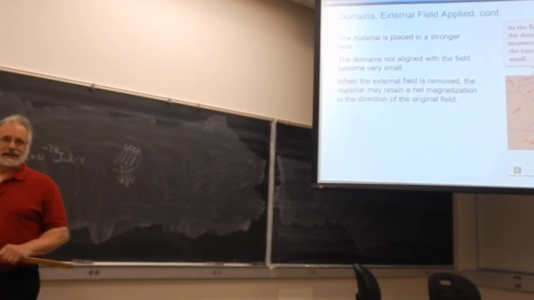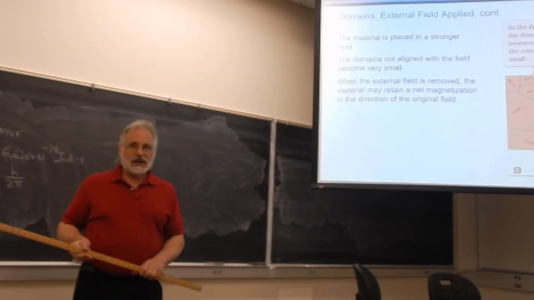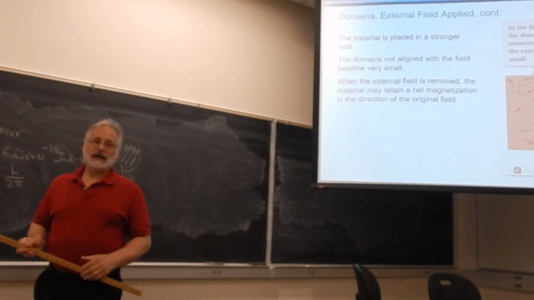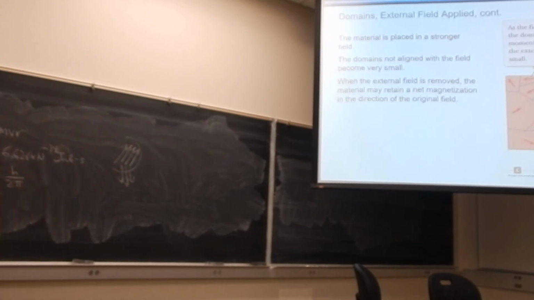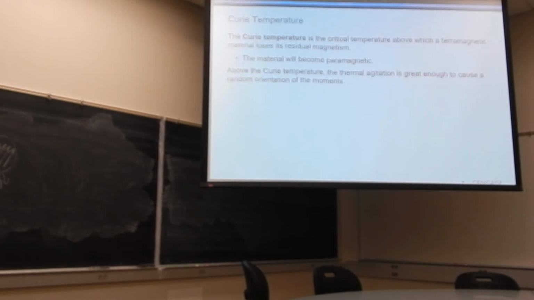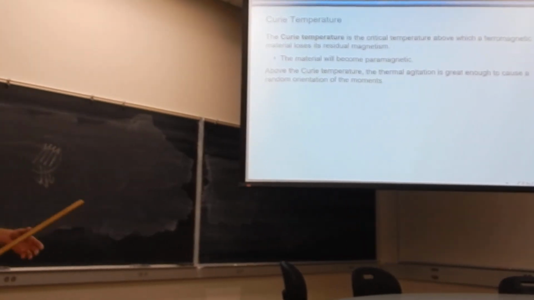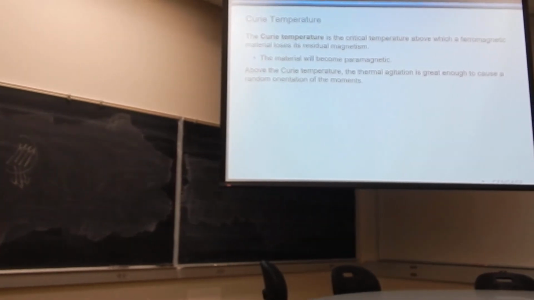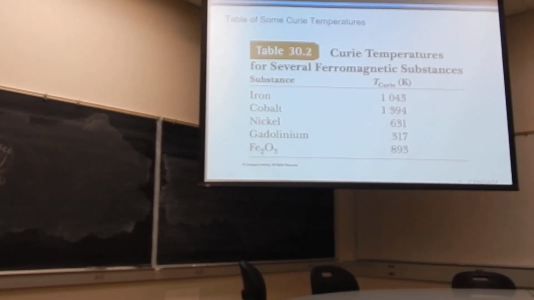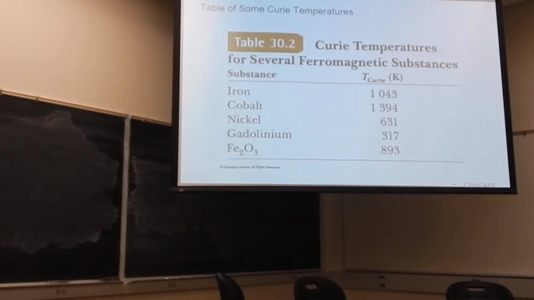As you'll see, paramagnetic materials lose their magnetic properties once they're removed from a magnetic field, unlike ferromagnetic materials which retain those properties. And so we call that a Curie temperature or a critical temperature, where the material becomes paramagnetic when it's heated above that temperature. And as you can see, we have a table of Curie temperatures for ferromagnetic materials.